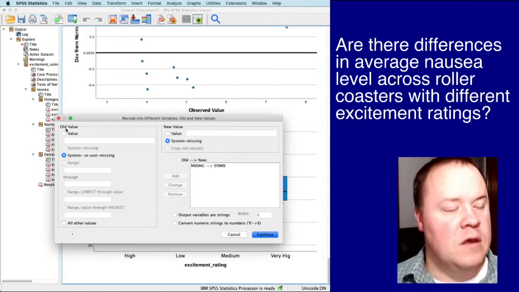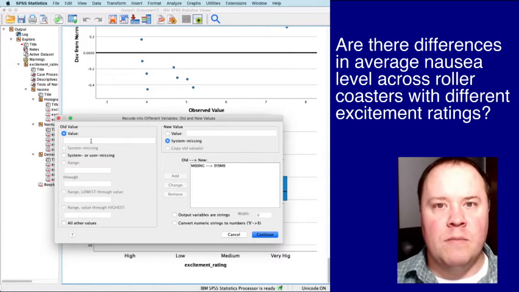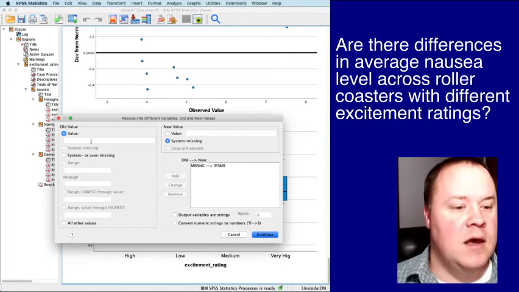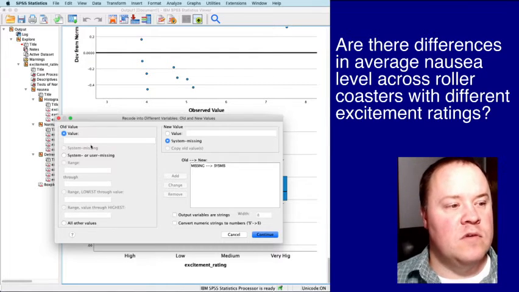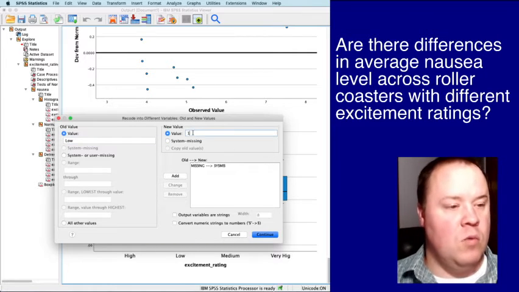So we can see if it's missing over here, it's going to still be missing in the new variable that we're creating. Okay, so the old value, remember it was low, medium, high, and very high as the words, and you can see that down here. So if the old value says low, then we're going to translate that into a 1.